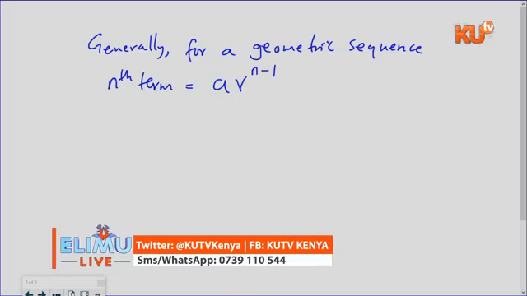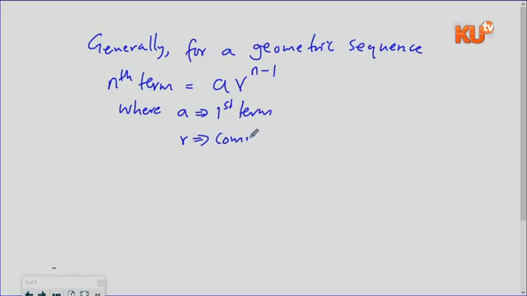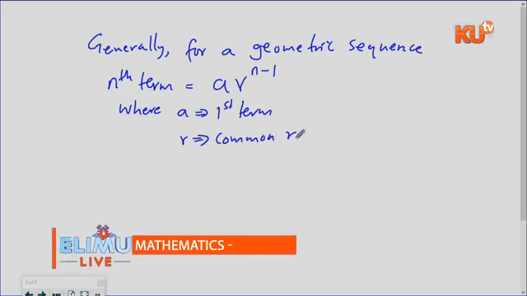You should be able to tell what each of the variables in this formula means, where a remains our first term, r is what we call the common ratio, and then we have n, which is the number of terms of the sequence.